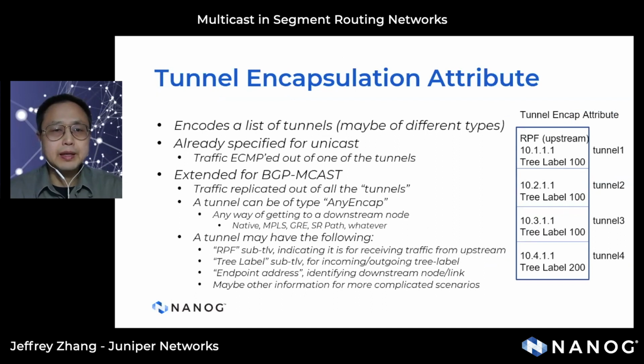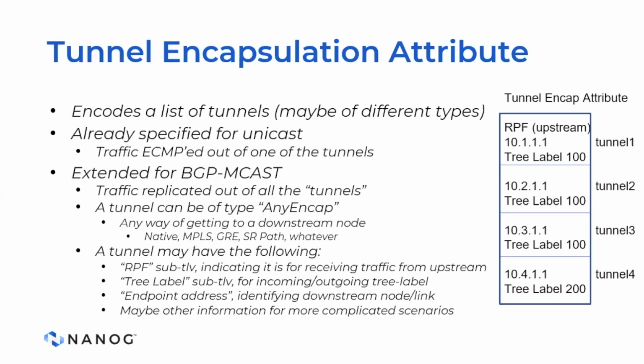Now, the tunnel encapsulation attribute, or TEA, as we mentioned, just encodes a list of tunnels, which could be of different tunnel types. That's already specified for unicast. And in unicast, matching traffic will be load balanced out of one of the listed tunnels. Now, when we extend this to BGP multicast, the matching traffic will be replicated out of all the listed tunnels.